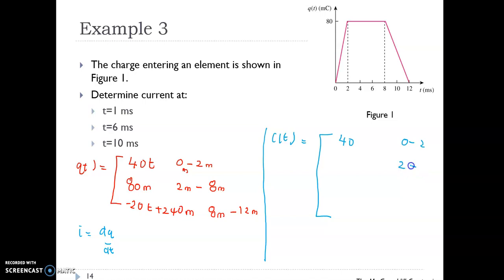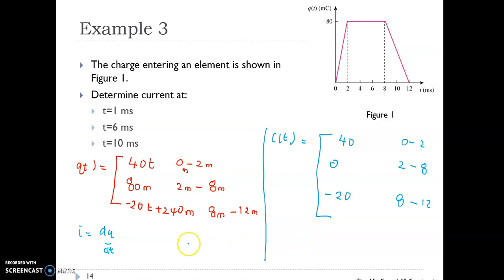From 2 until 8 is equals to 0. And from 8 until 12, it is equals to negative 20.